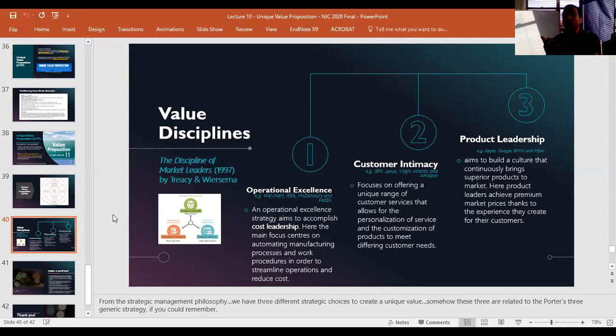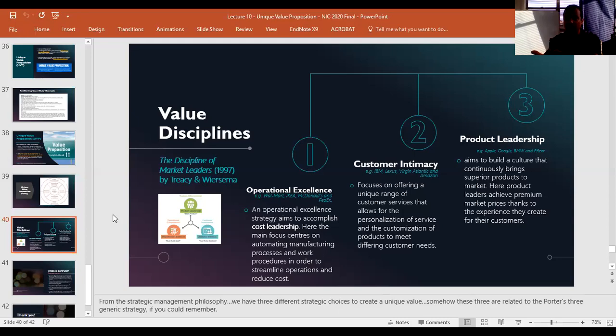And the third one is product leadership, that aims to build a culture that continuously brings superior products and services to the market. That's why it is product leadership. It means you have very strong R&D support, and new ideas. People are very effective in coming up with great ideas, and then you are able to continuously bring superior products to the market.